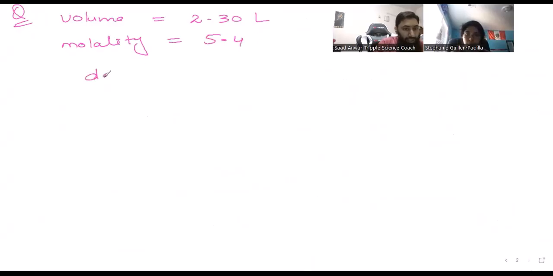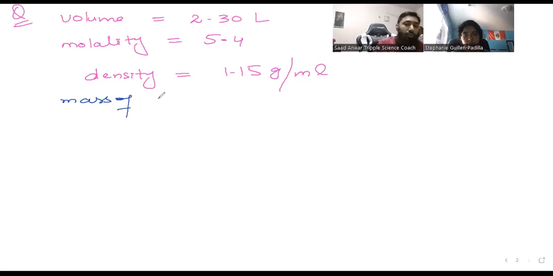The density given in the question is 1.15 gram per ml. What I have to find is the mass of sodium hydroxide in gram.